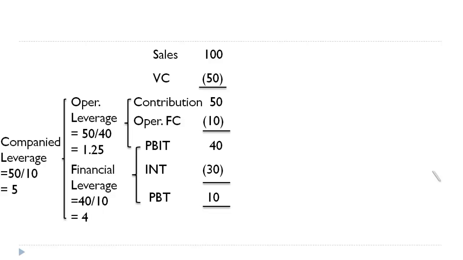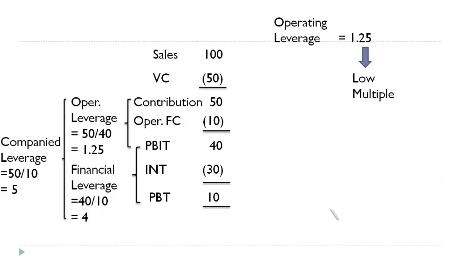Fine. But what do all these numbers convey? See, what is our operating leverage? Our operating leverage was 1.25, right? This conveys the multiple is very low because the numerator was 50 and denominator was 40. So this conveys a low multiple. It means you have very little operating cost here.